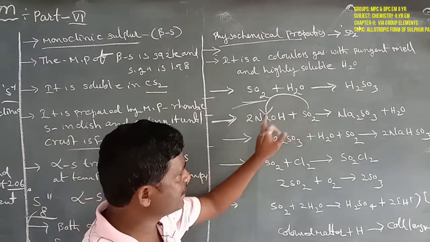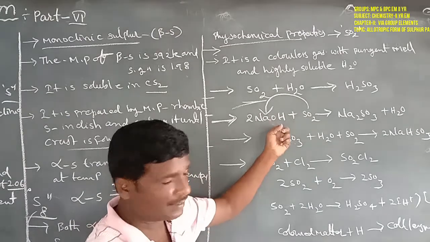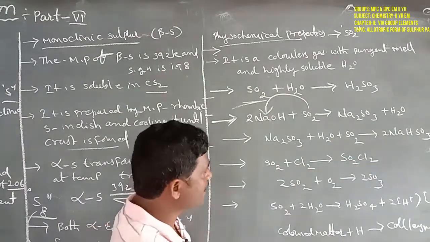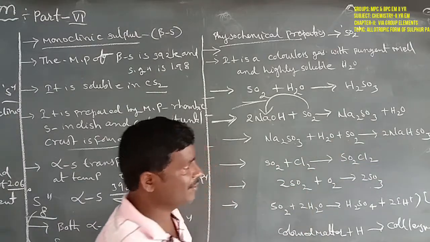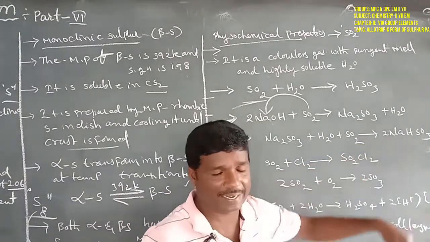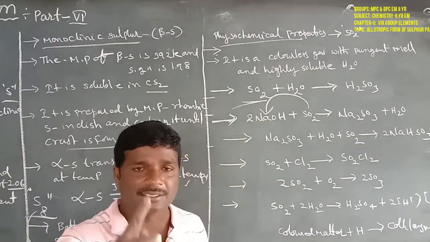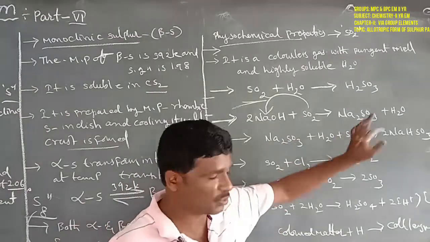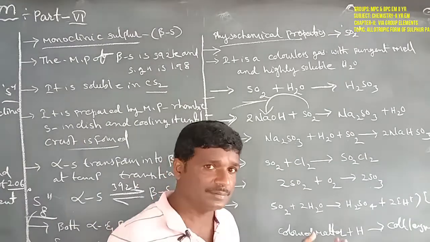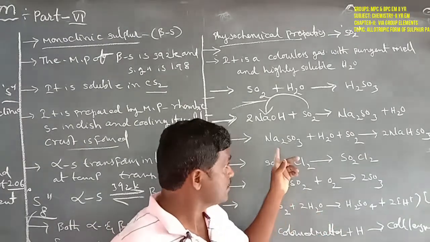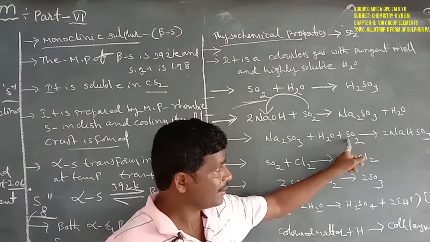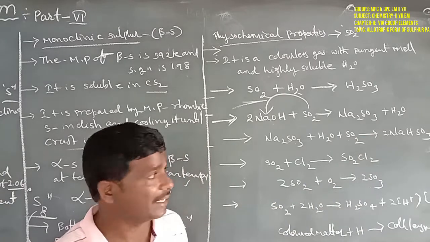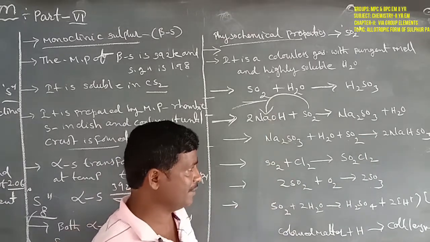Sulfur dioxide combining with 2 moles of sodium hydroxide forms sodium sulfite, and with excess sulfur dioxide, the sodium sulfite reacts further to form sodium hydrogen sulfite. That is the property of sulfur dioxide.